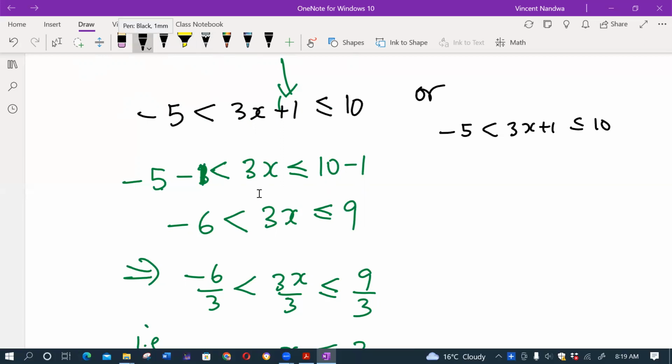So you form two simple linear inequalities from this compound statement.